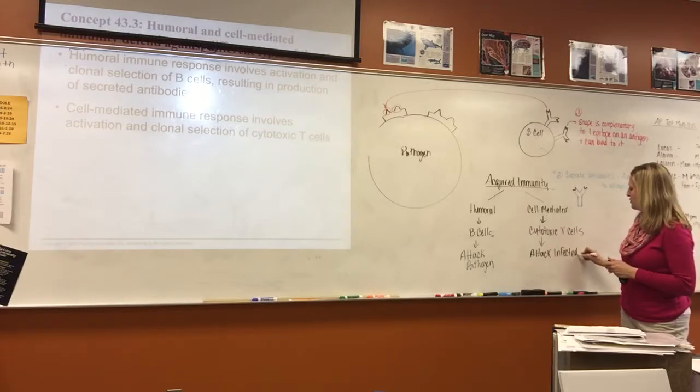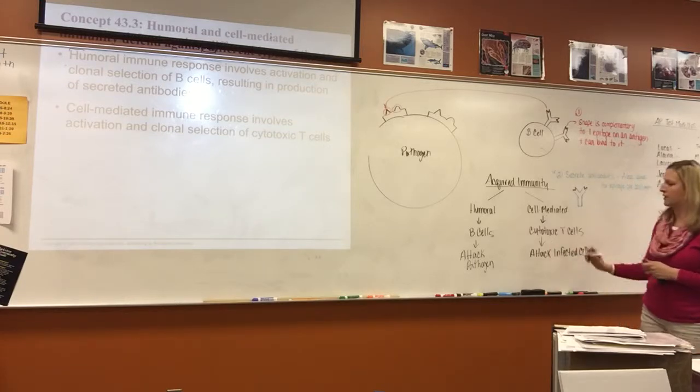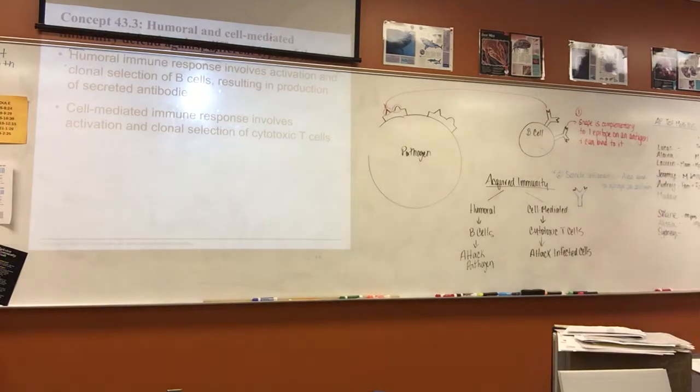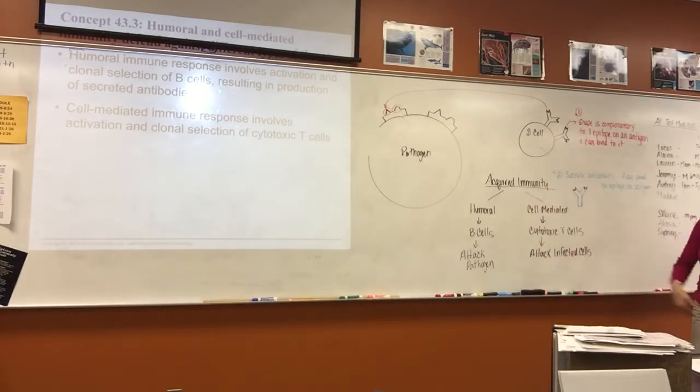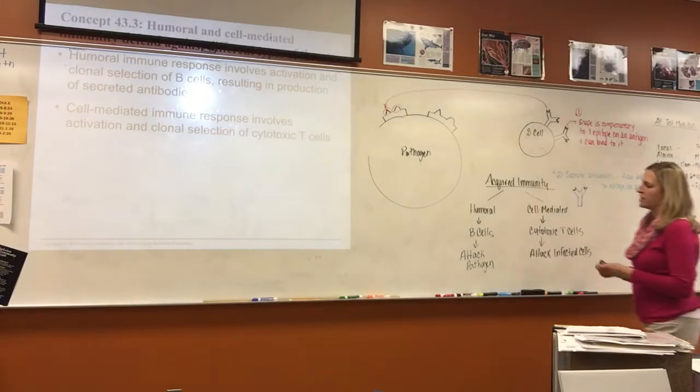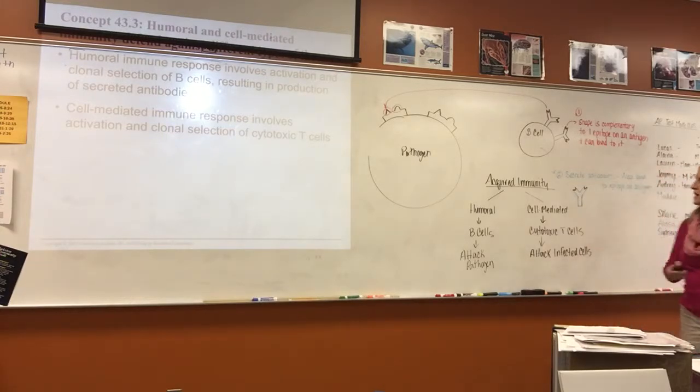So there are two lines of attack here, against the pathogen itself and any cells that the pathogen has already infected. So we want to get rid of that. This part here on the left is what we talked about on Friday, B cells and antibodies. Here we're going to look at the T cells and how they rid your body of the infected cells.